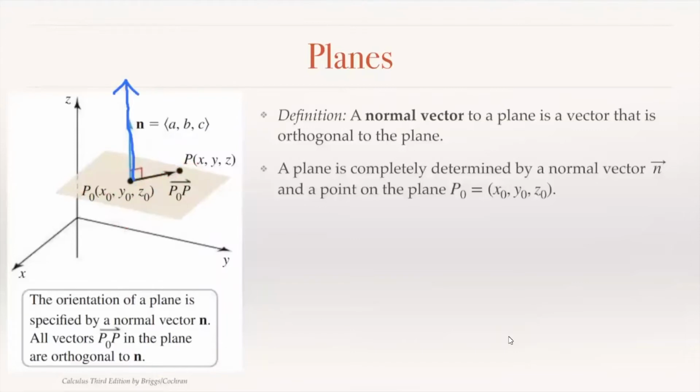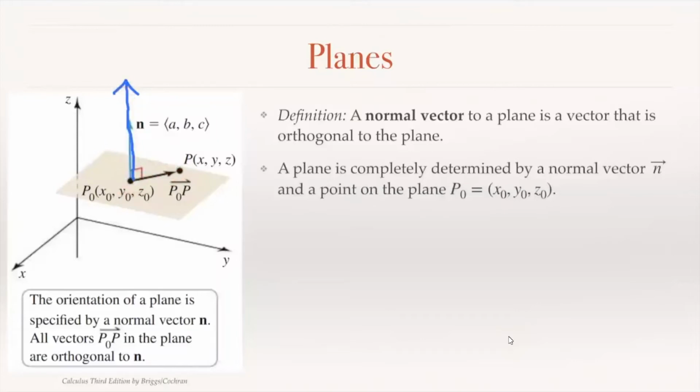If a plane is uniquely determined by a normal vector to it and a point on the plane, we should be able to find an equation for the plane in terms of these two. How can we do that? Well, notice that the normal vector defines the plane by specifying that for every point on the plane, the vector going from our chosen point to that point is at a right angle to the normal vector.